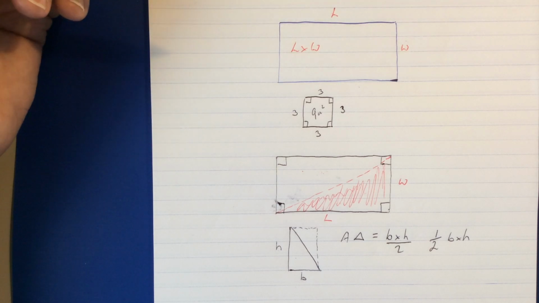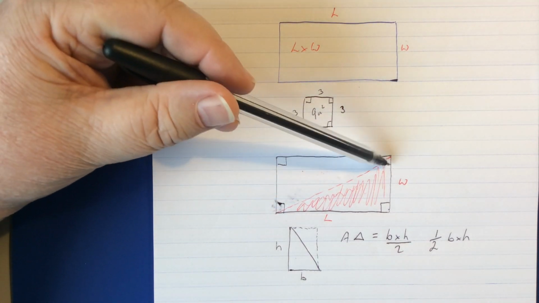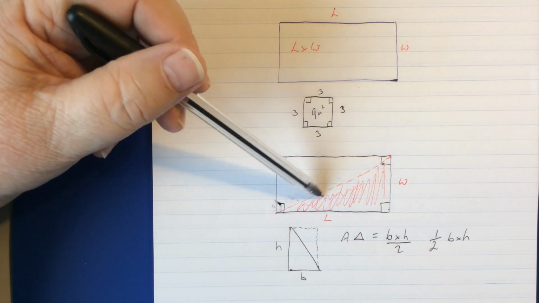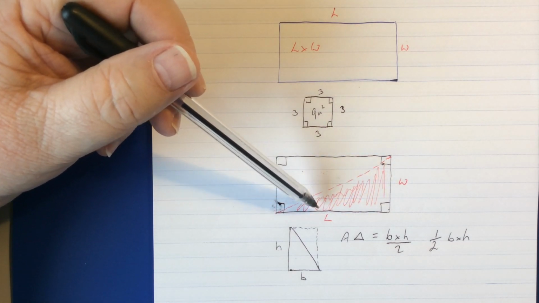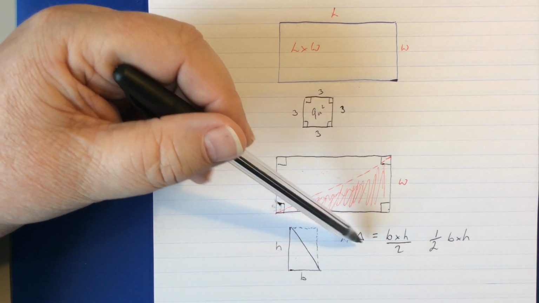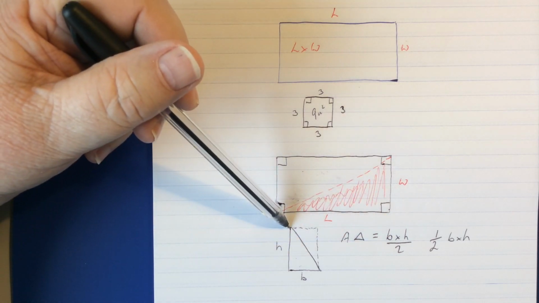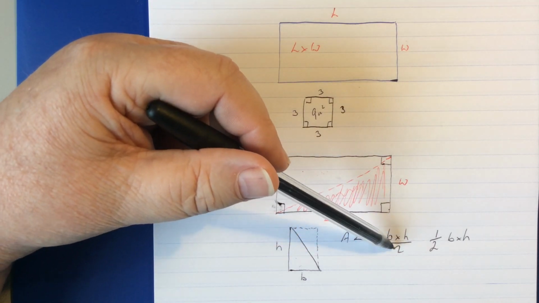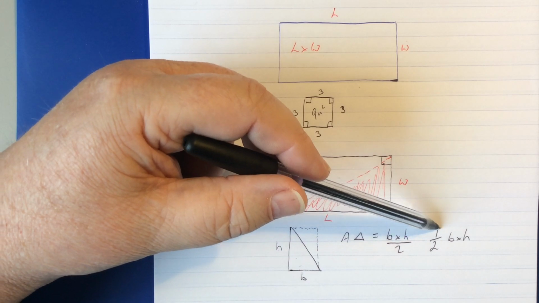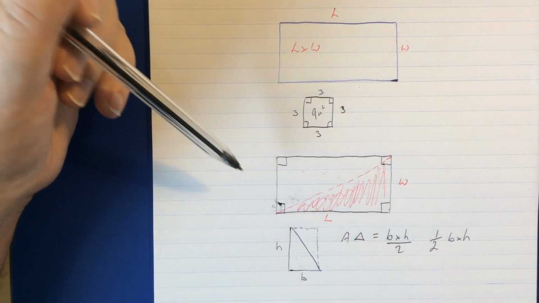But generally it's length times width. We can create a triangle by cutting this in half, so we're only dealing with half the area. So the way in which we find the area of a triangle is multiplying the base by the height of the triangle and dividing by 2. Or multiplying base times height by a half, which is exactly the same thing.